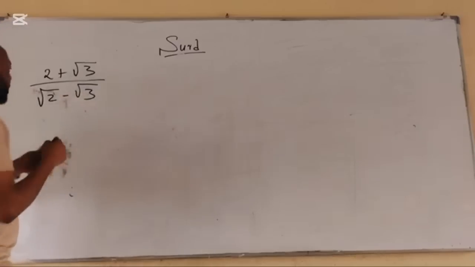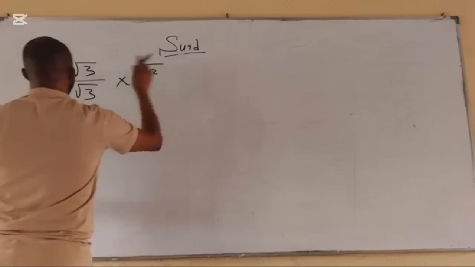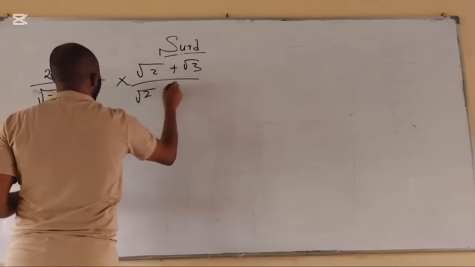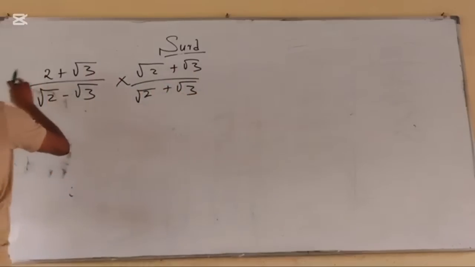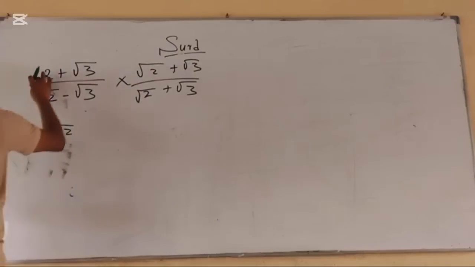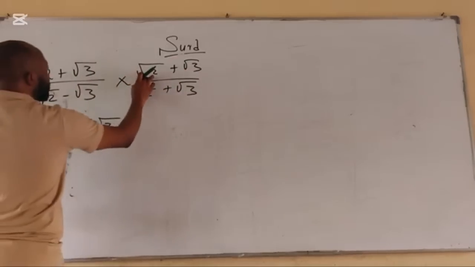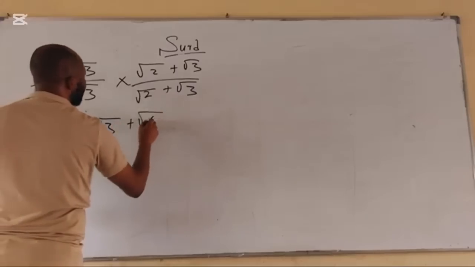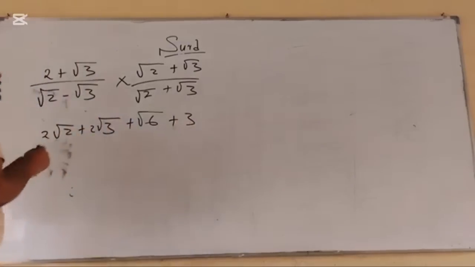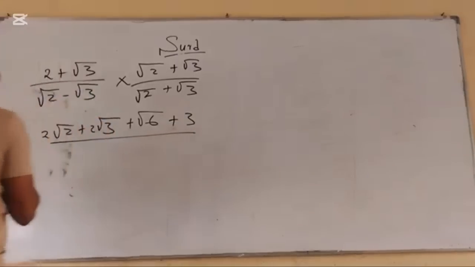So the conjugate here is root 2 plus root 3 over root 2 plus root 3. Now we expand. 2 times root 2 is 2 root 2. 2 times root 3 is plus 2 root 3. Root 3 times root 2 is plus root 6. Root 3 times root 3 is plus 3. Don't forget that. We'll come back here.